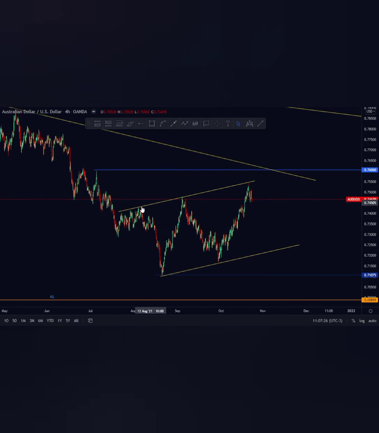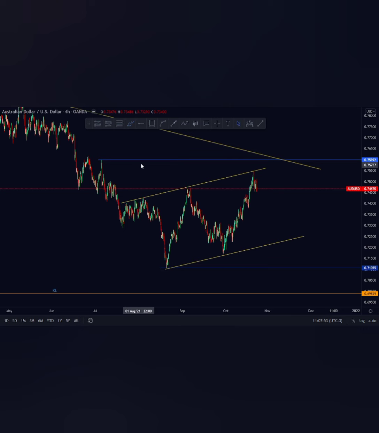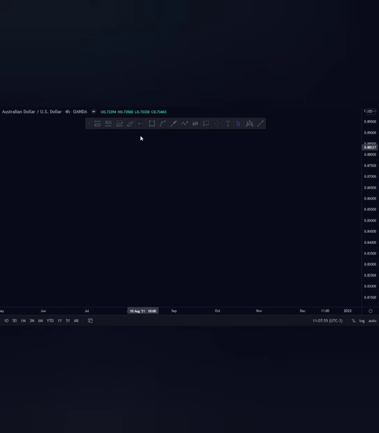If you can check, it has already given us a solid confirmation that this is actually a strong level by these multiple touches. I don't usually count these touches, because for me to count a touch, it has to touch a trend line and push away.